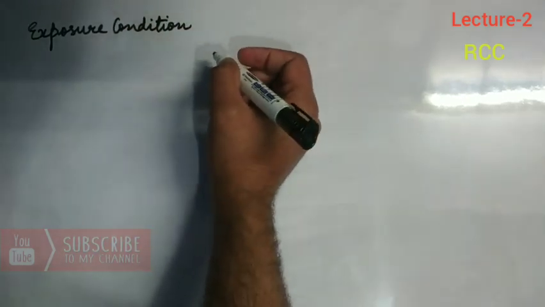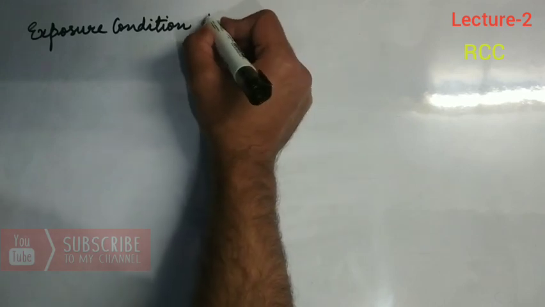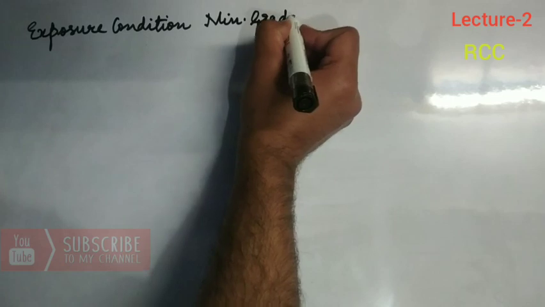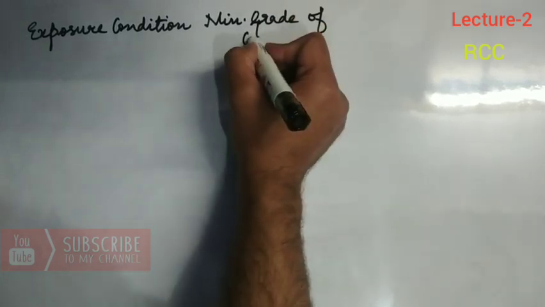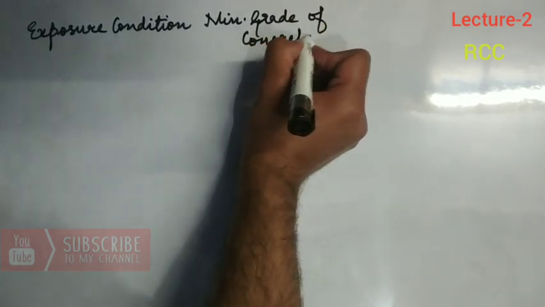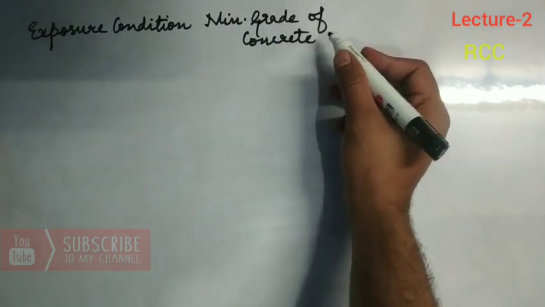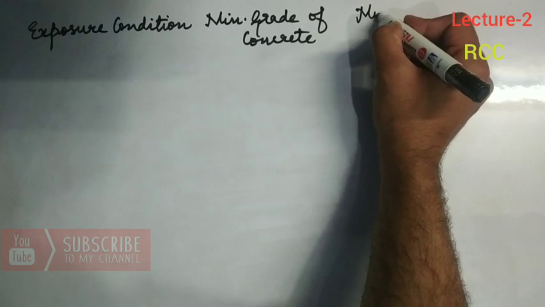See, here I write the exposure condition, here I'll write the minimum grade of concrete, and the third column will be minimum clear cover for reinforcement.